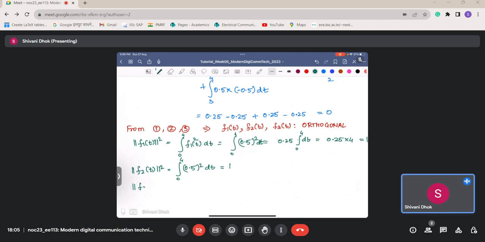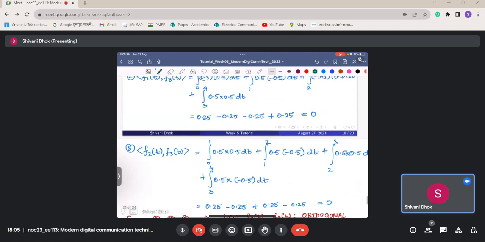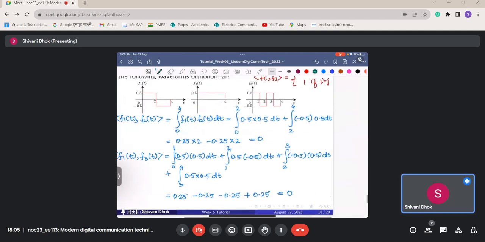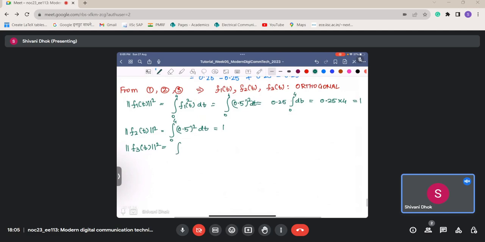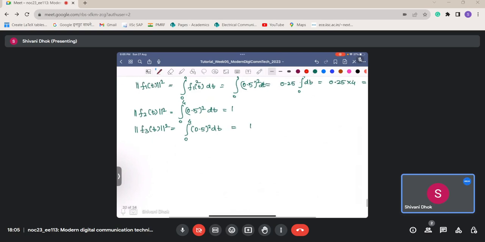Similarly, if I go for f3(t) squared, this is also 0.5 squared for all the range, so this is simply the integral 0 to 4 of 0.5 squared dt, which is equal to again 1, which means that f1(t), f2(t) and f3(t) are orthonormal.